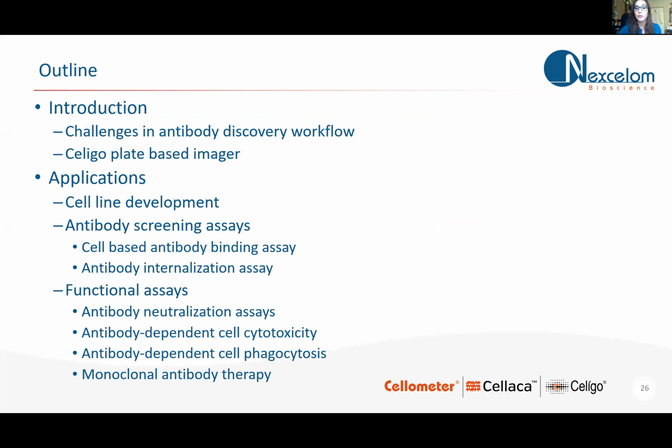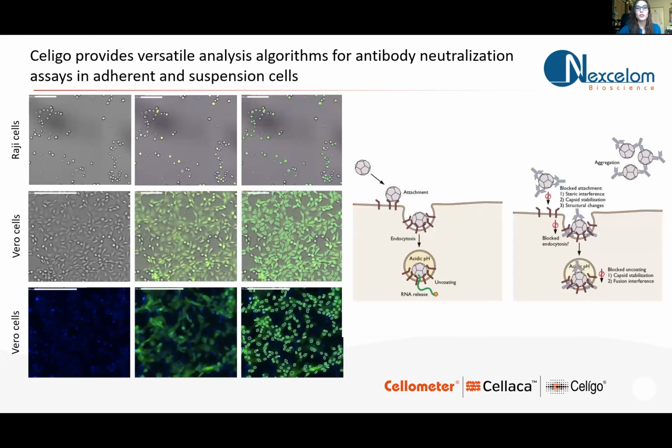For things like cancer immunotherapy, we want to be sure that those antibody-dependent treatments are actually eliciting cytotoxicity of your cancer cells or eliciting phagocytosis by, say, macrophages. And then, of course, monoclonal antibody therapies, where you're actually inhibiting a pathway step and directly eliciting apoptosis of cancer cells or similar.